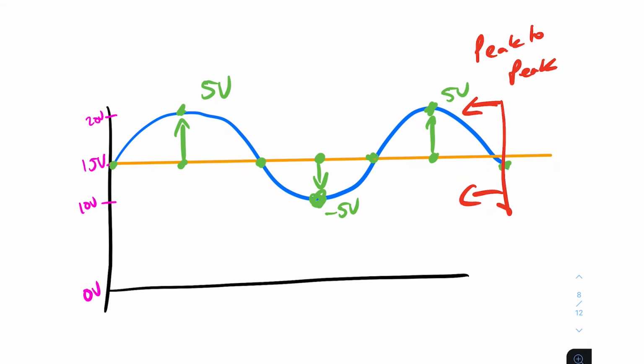So here you've got a voltage difference, you've got 20 volts up here and you've got 10 volts here. So the peak to peak voltage of this waveform is 10 volts. Also, you've got an amplitude of 5 volts and a peak to peak voltage of 10 volts.